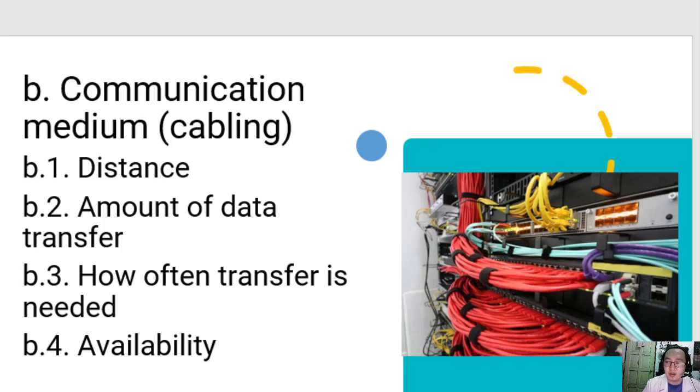Smaller amounts of data are best handled by wire types, usually copper, or it can be fiber also.